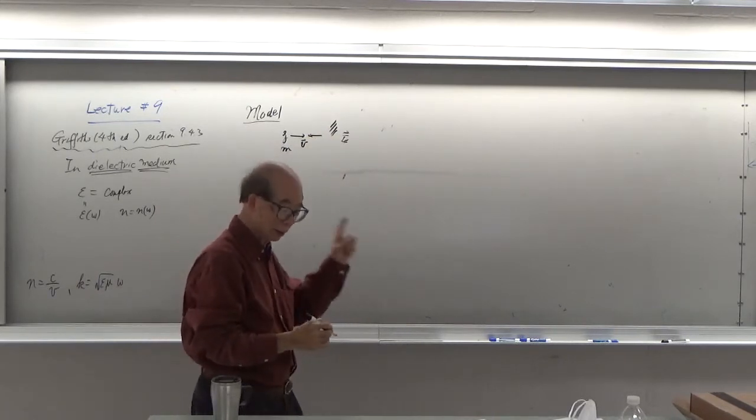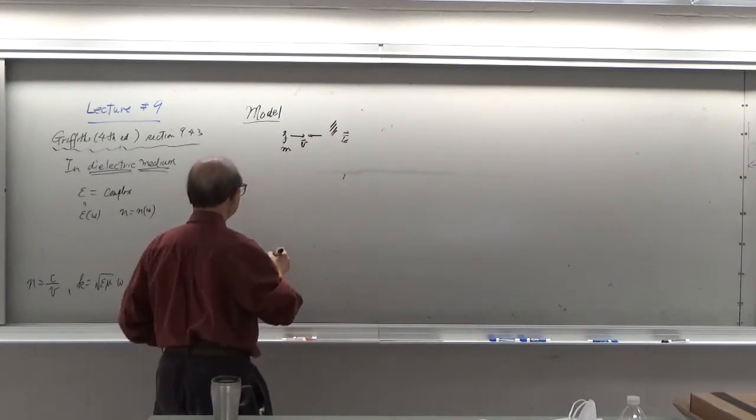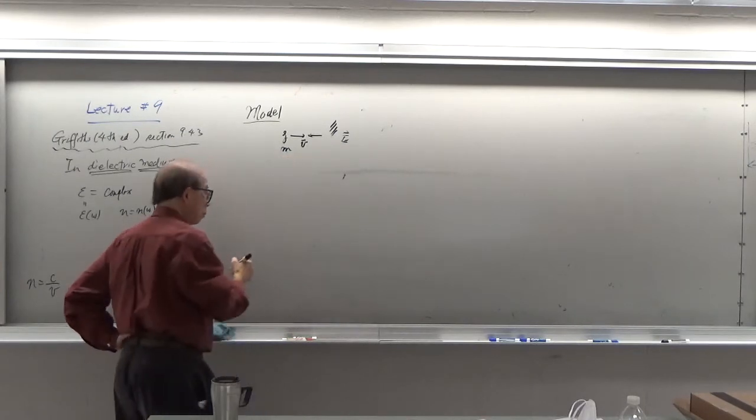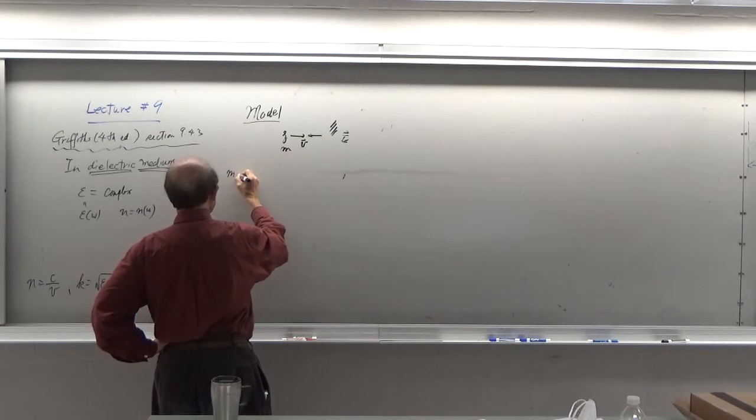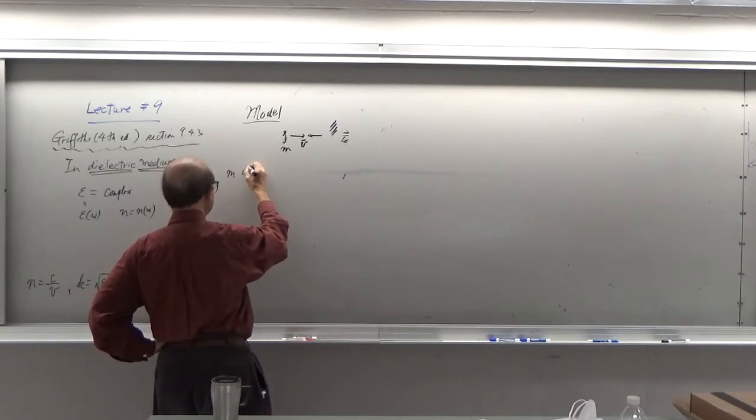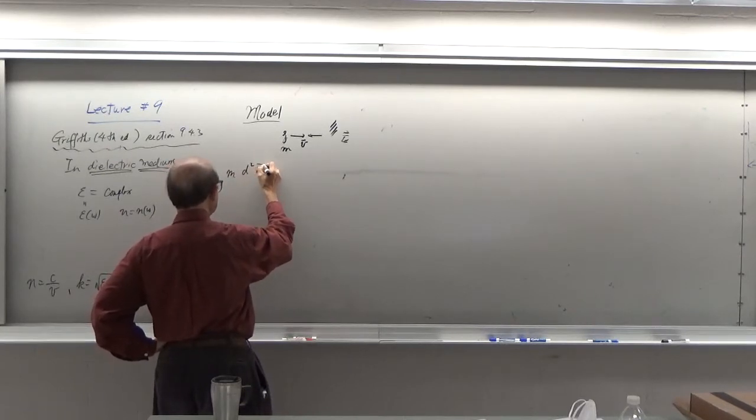Let's write it down again, the model. The equation of motion for this charge is given by mass times acceleration, that's the force, and the acceleration, instead of dv by dt, I will write as d squared r by dt squared.